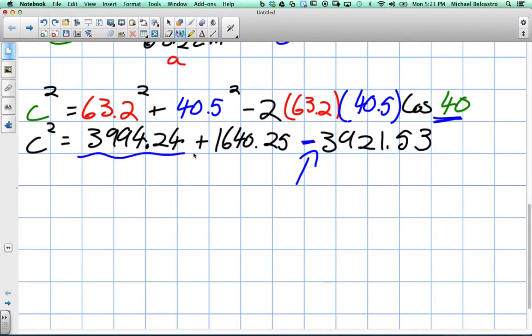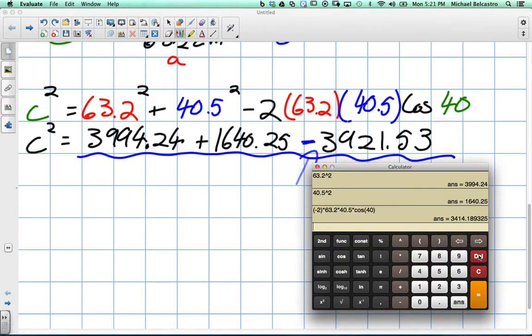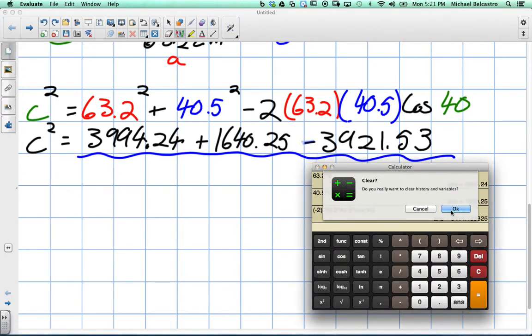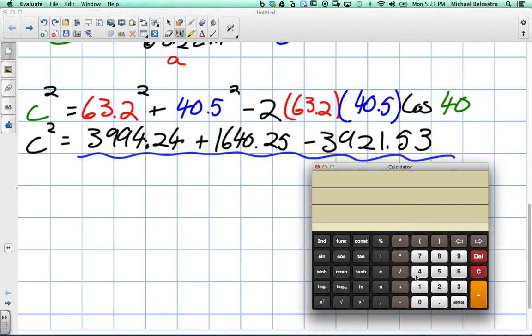The next thing we can do is simplify everything here. I'm going to take my other calculator out quickly to do that part and clear all. Okay, so let's take those numbers. 399.24 plus 1640.25 minus 3921.53.